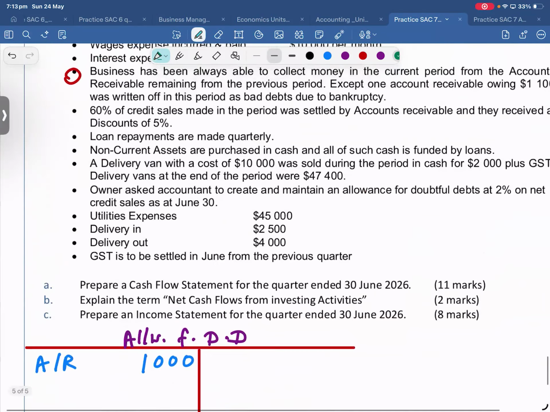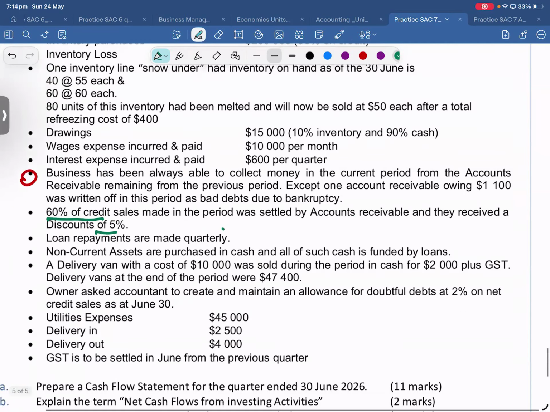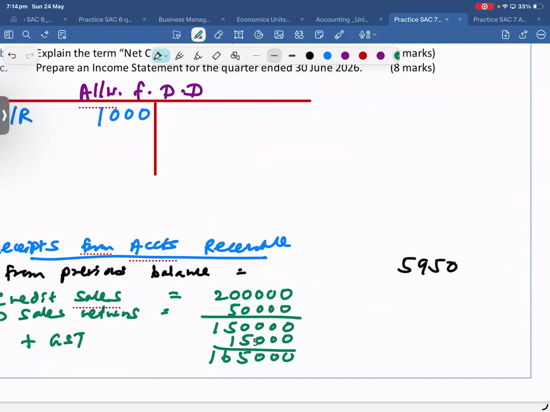However, guys, what is the story? 60% of credit sales made in the period was settled by accounts receivable, and they received a discount of 5%. So that means we have to get 60% of this. Yes, 60% of this, which is 99,000.